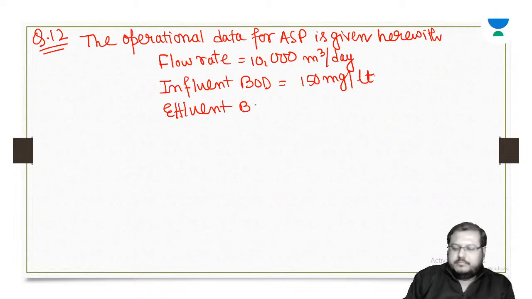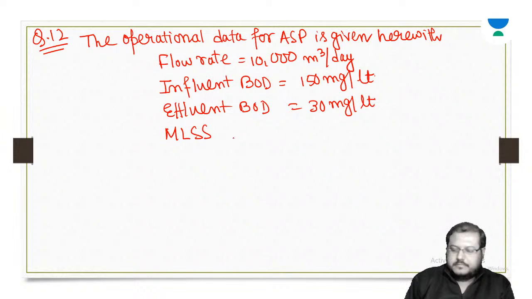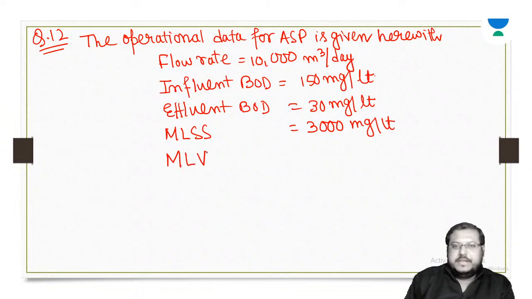Effluent BOD, 30 milligram per liter. MLSS, 3000 milligram per liter. MLVSS, 10,000 milligram per liter.